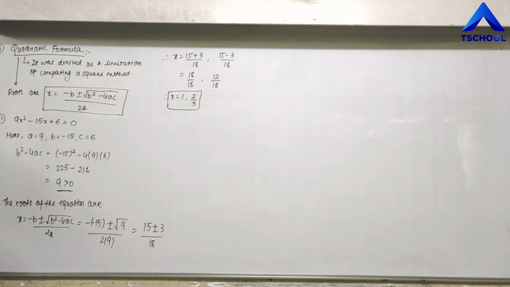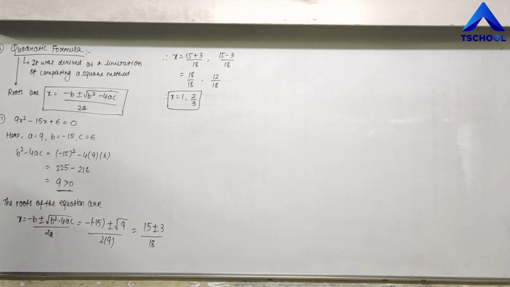Now before solving some sums here, let us see what this b square minus 4ac gives you. Okay, let us solve sums, then we will decide, because you have not come up with all the equations here right now.